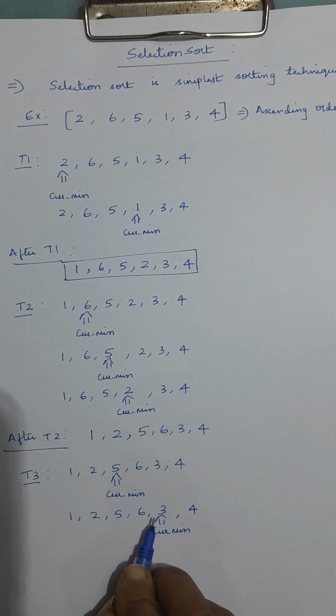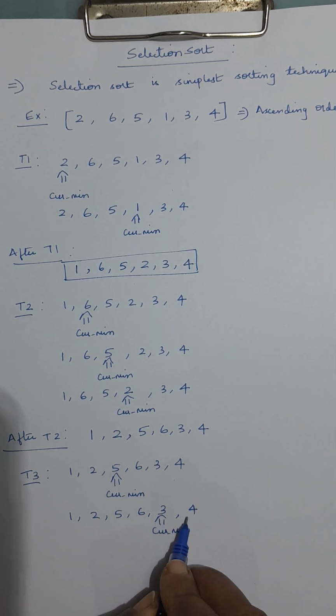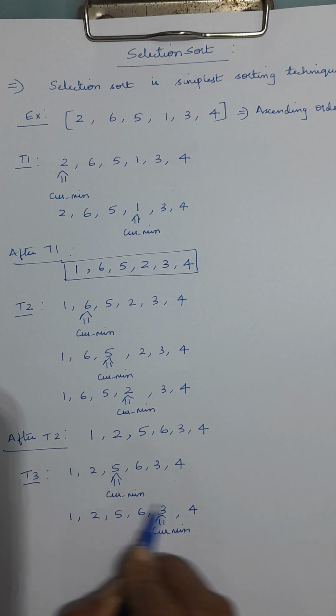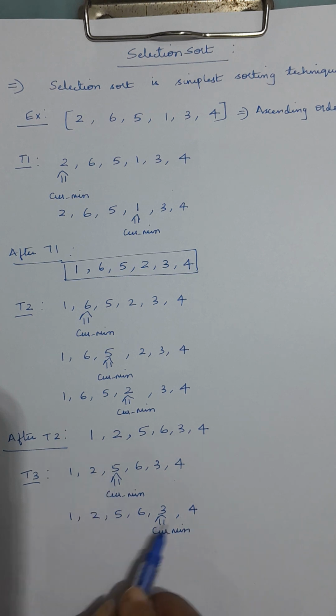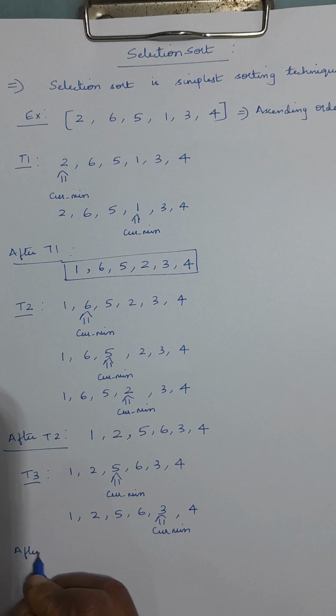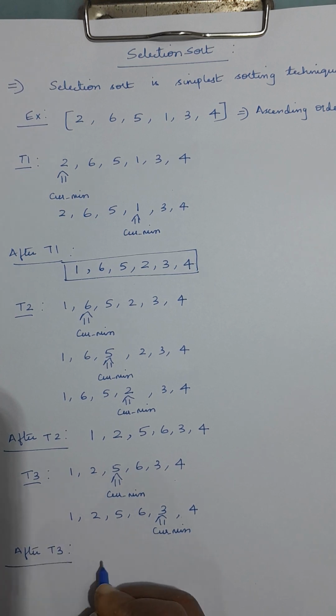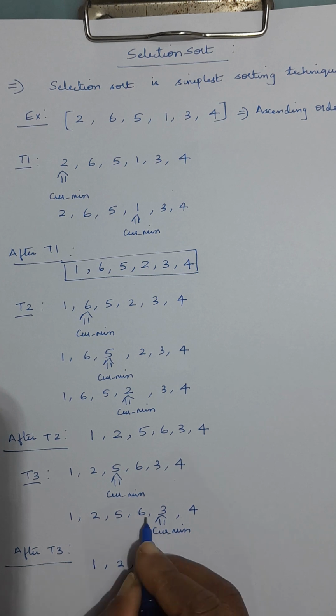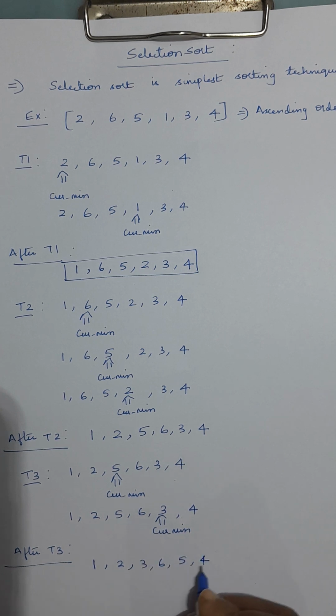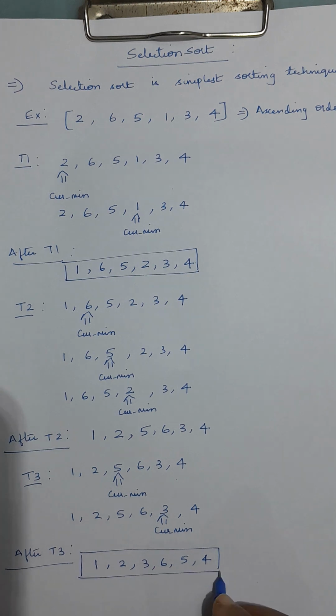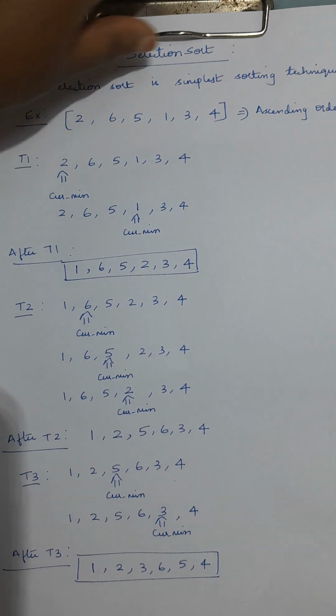Then 4. Now it checks if 4 is less than 3. No, nothing happens. No more further elements, so the iteration stops here. The swap is between 5 and 3. So after iteration 3, elements are 1, 2, 3, 6 as it is, 5 comes here and then 4. So this is the array element position after the third iteration.